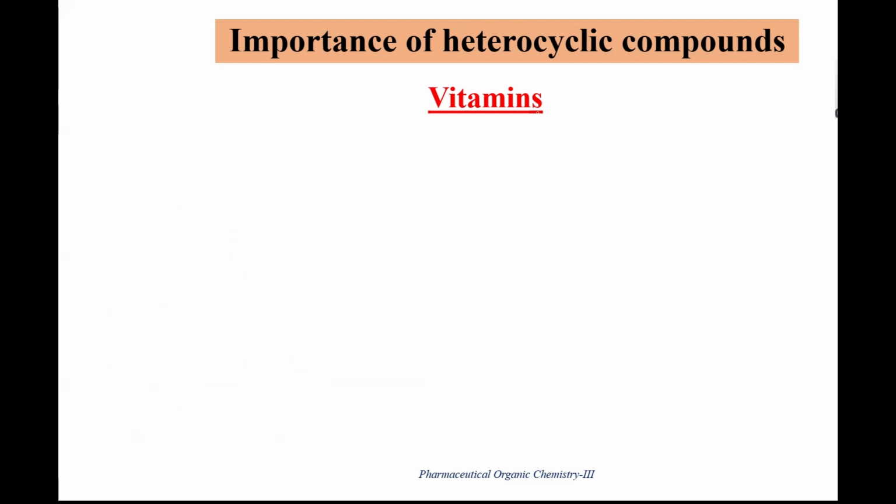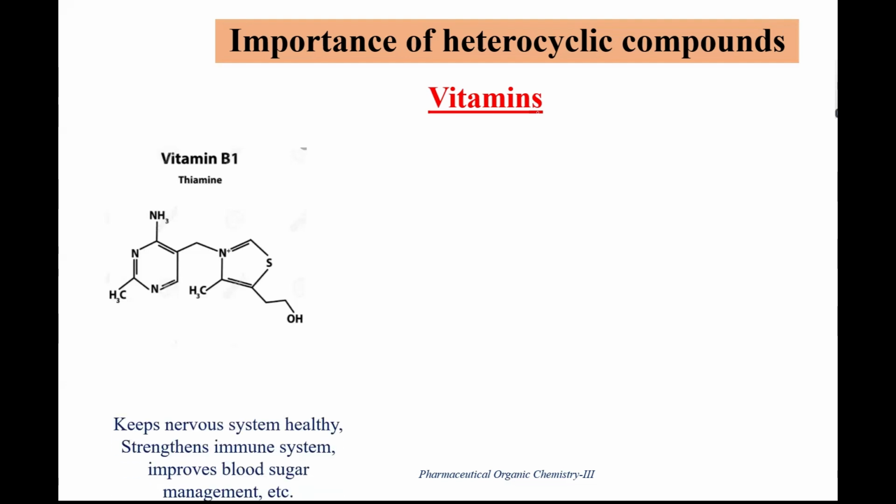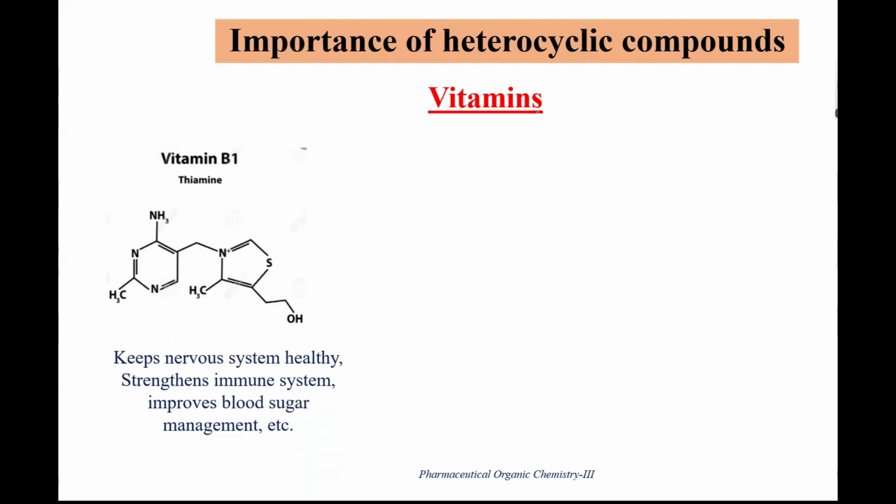Importance of heterocyclic compounds. These heterocyclic systems are present in some of the vitamins such as vitamin B1, which is also known as thiamine. You can see here this is a pyrimidine ring and here it is a thiazole ring system. This vitamin is useful to keep the nervous system healthy, strengthens the immune system and also improves blood sugar management.